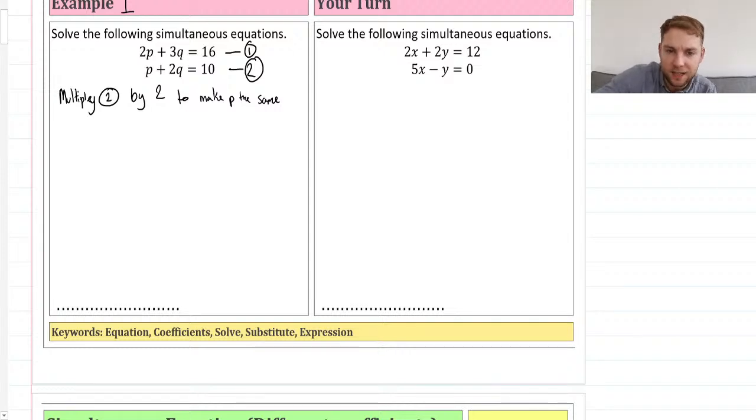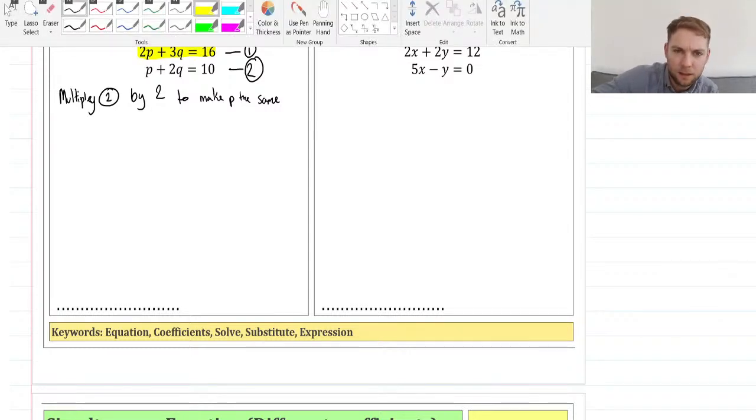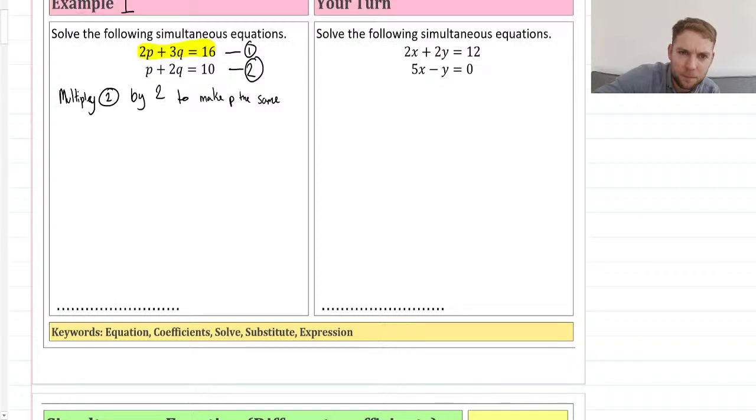So I'm keeping that top one the same up here. So this is staying the same. So let's just write that one out. So it's going to be 2P plus 3Q is equal to 16.